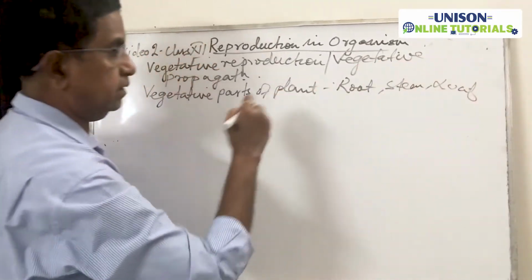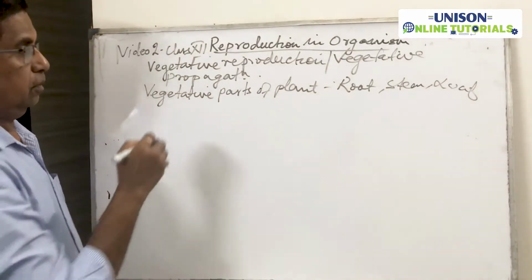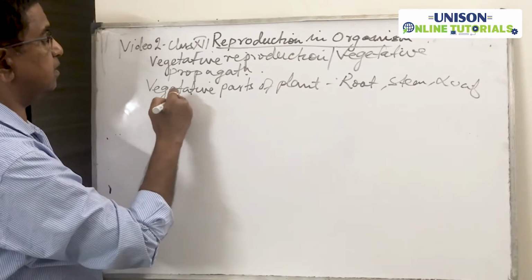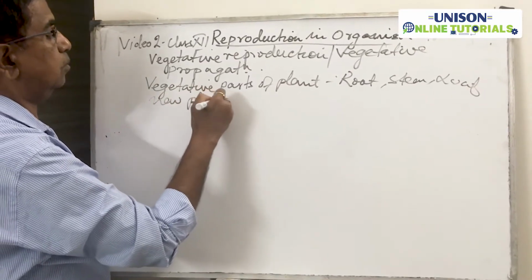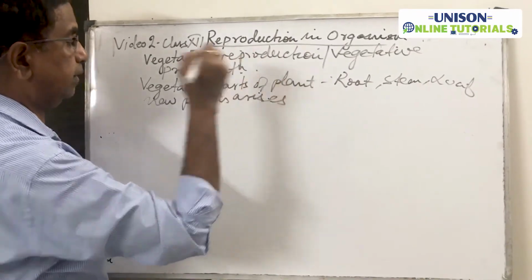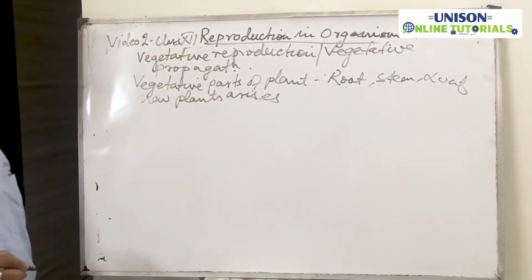When new plants arise from the vegetative parts of the body, this is known as vegetative reproduction.